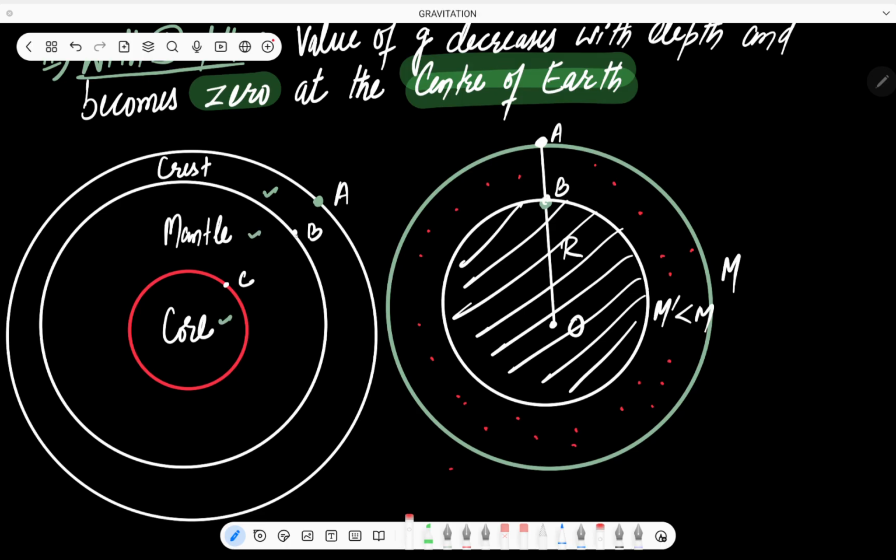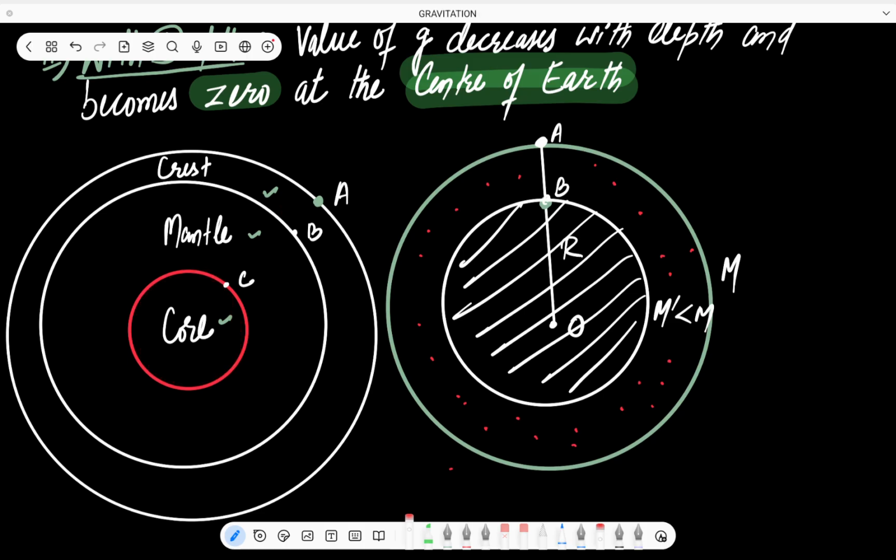And if you are at the point B, then the gravitational force on you will be only because of core and mantle, not because of the crust. So that means at the point B the gravitational force will be less. And if you are here at point C, then the force on you will be only due to the core, not due to the mantle, not due to the crust. That is Newton's Shell theorem for you.